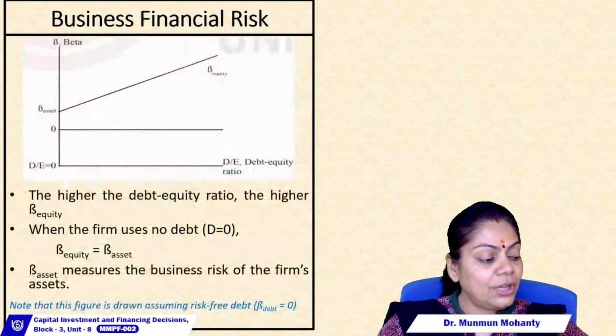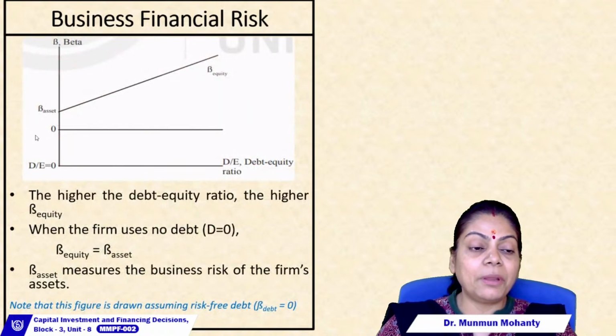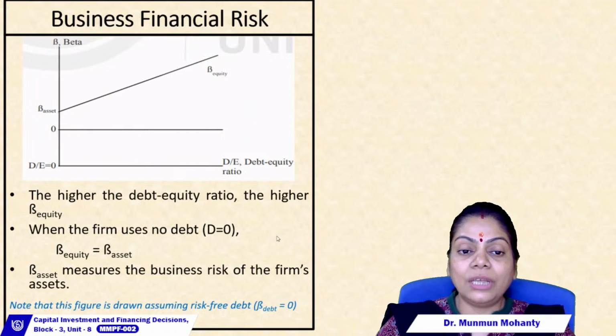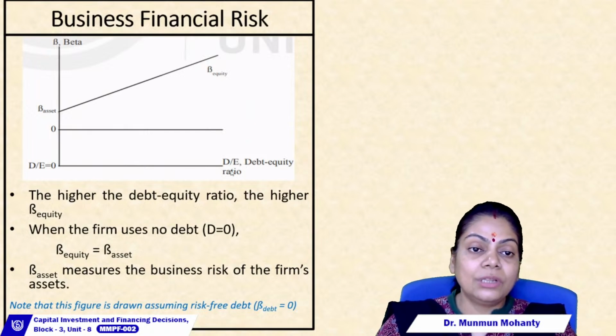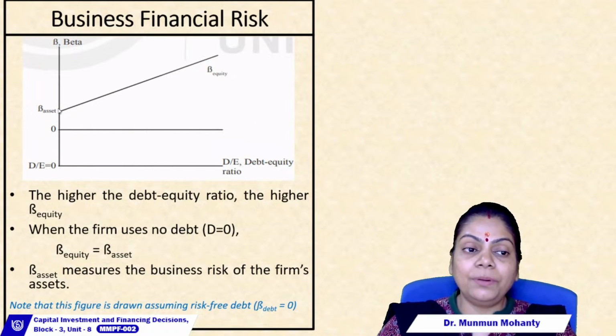Now, if you plot this equation on this graph paper, on the y-axis, I'm showing you the values of beta. On the x-axis, I'm showing you the values of the leverage ratio, that is the debt equity ratio. Now we start with no debt here. The point of origin is the point of no debt. So D by E is 0 at that point of time. Now if the D by E is 0, the value of the equity beta is the beta of the asset.